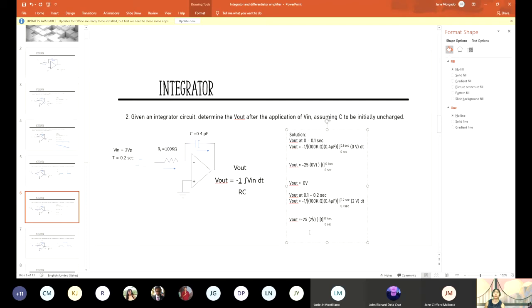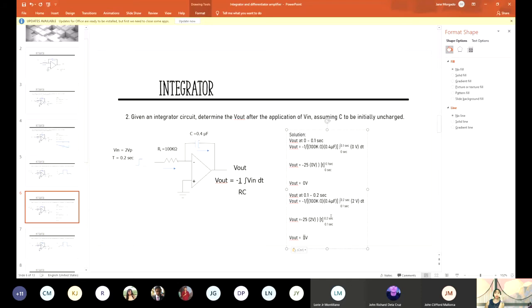We have 2 volts and then we have from 0.1 to 0.2. Okay, so the input is from 0.1 to 0.2, the input is 2 volts. So what is the answer now? For 0.1 to 0.2, what would be the answer?